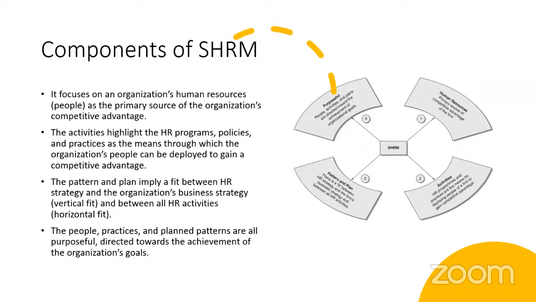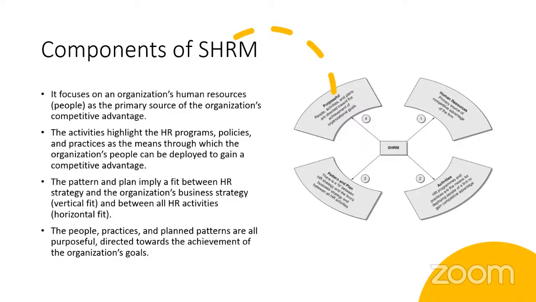of strategic HR, and that's where we talk of being purposeful. And then the other one talks about people being the primary source. So the second component of strategic human resources is people, the human capital, the human resources.